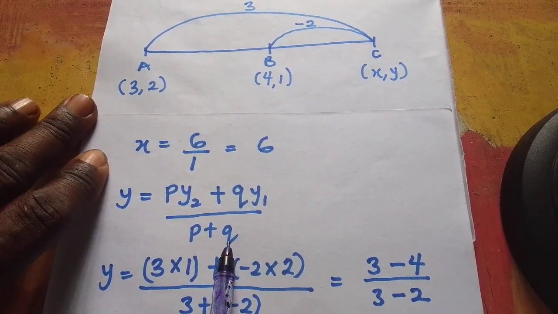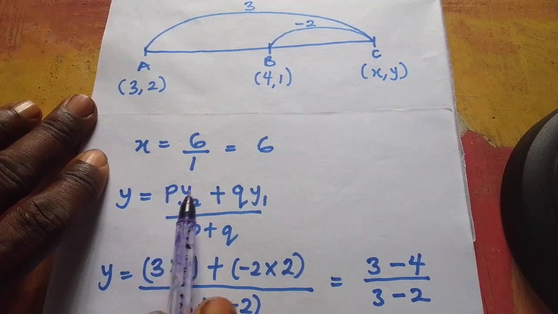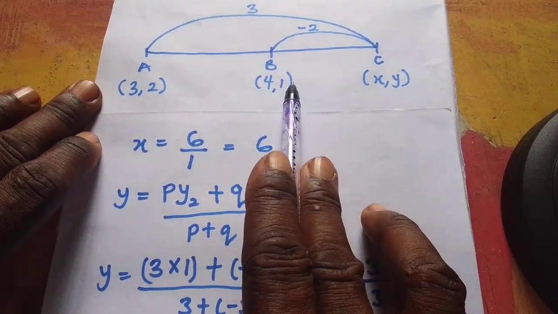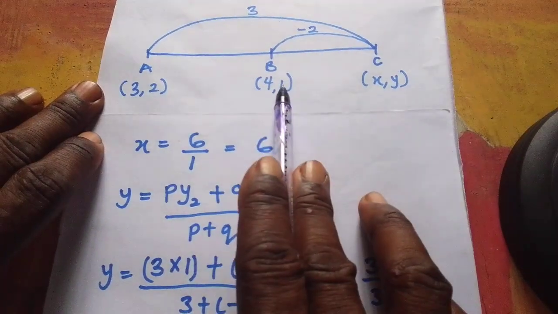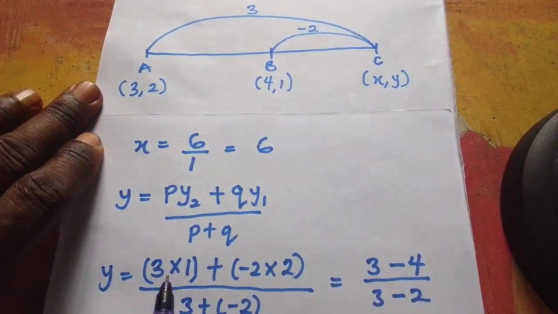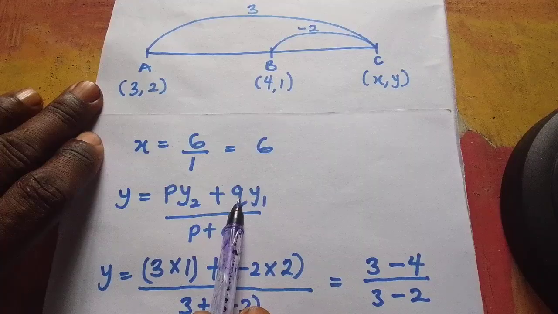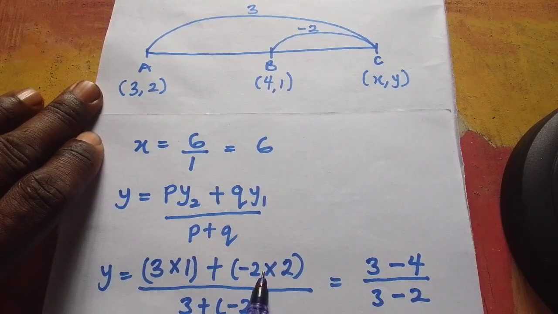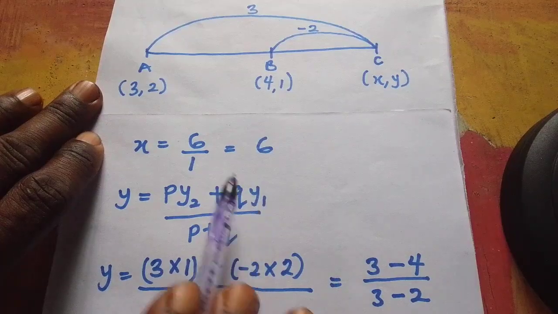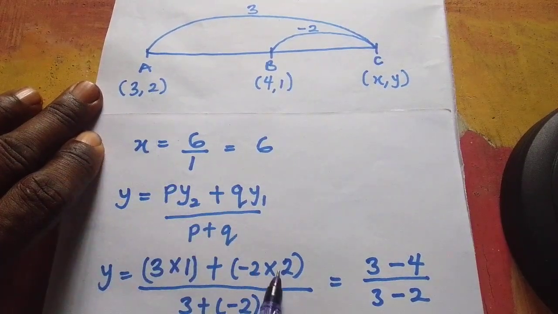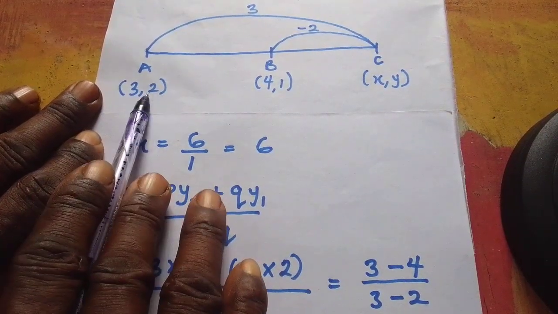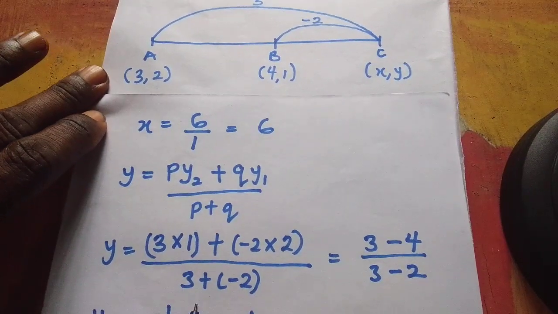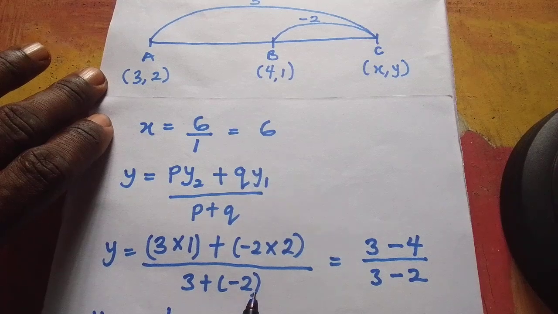And we said that our p is the first ratio, which is 3, times the second coordinate y2, which is 1, plus our q, the second ratio -2, times the y1, which is 2, over the addition of the ratio, which will give us 3 plus -2.